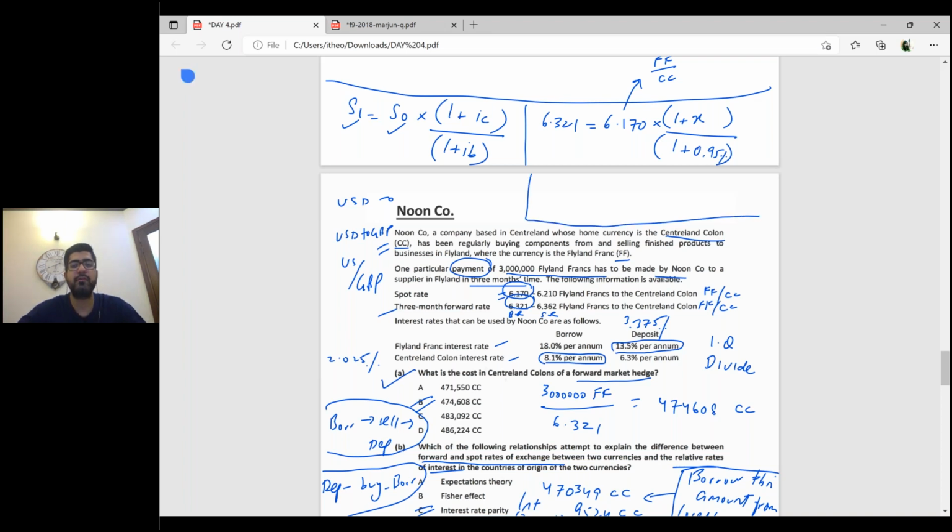Let me solve it for X. X is coming as 3.4%, but this 3.4% is not per annum.